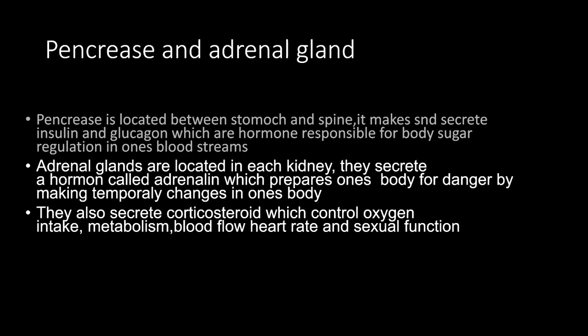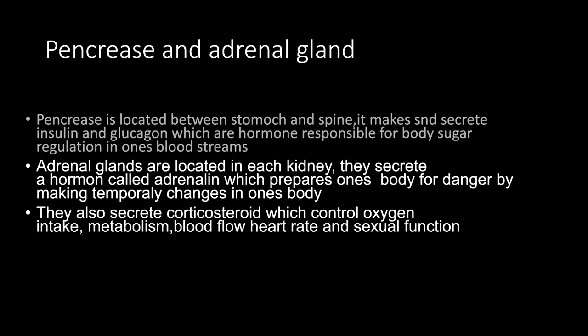Pancreas and adrenal glands. The pancreas is located between the stomach and the spine. It makes and secretes insulin and glucagon, which are hormones responsible for regulating the sugar level in one's bloodstream.